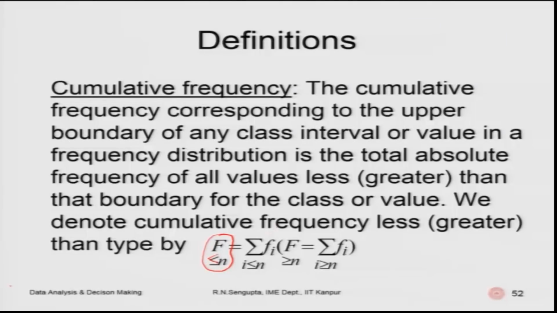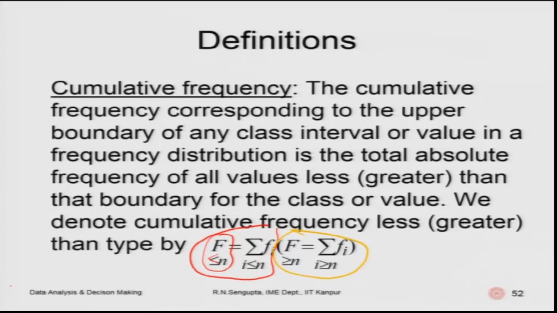This is the less than type. And if I am denoting the greater than type, so let me change the color. The greater than type would be denoted by capital F greater than n, which means the summation of all the frequencies for all the values of i which are greater than n.